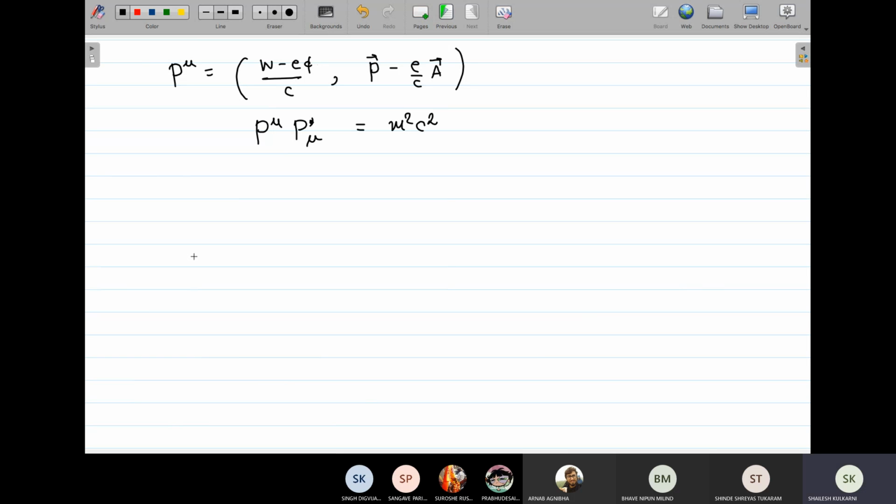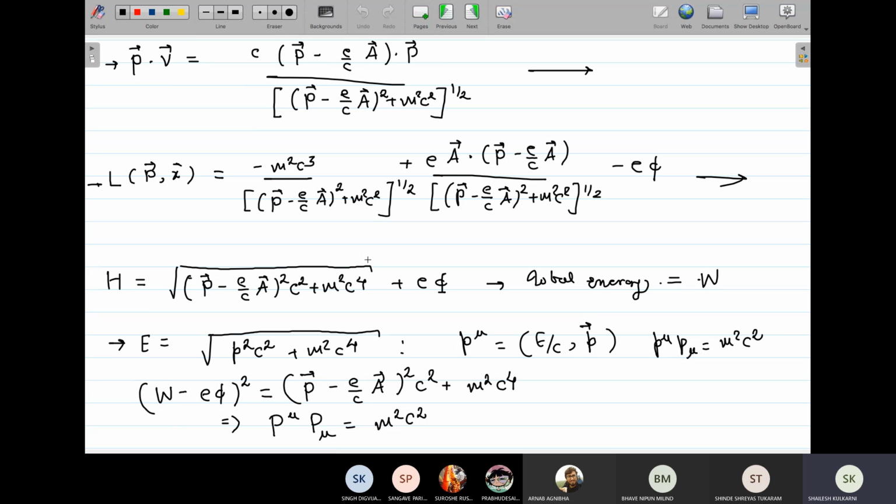Is it clear? So the kinetic energy of the particle in the electromagnetic field is given by W minus e phi, and the momentum part is given by canonical momentum minus e/c A.